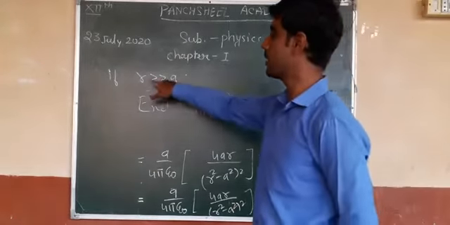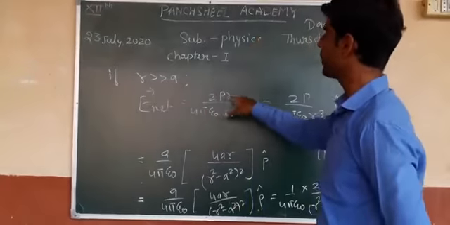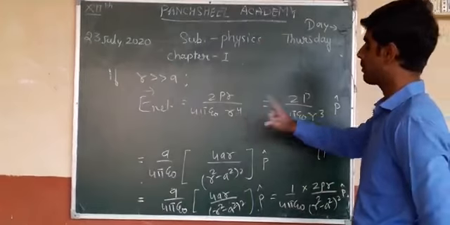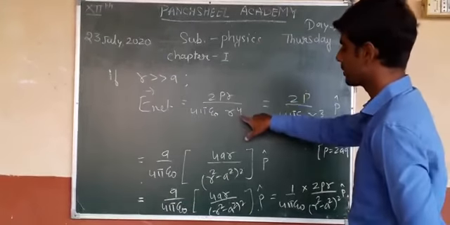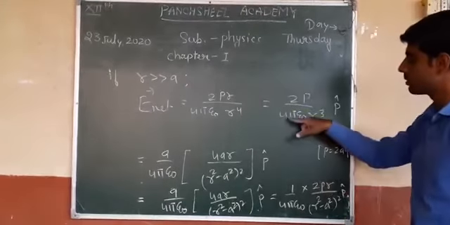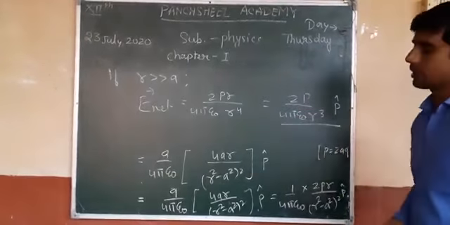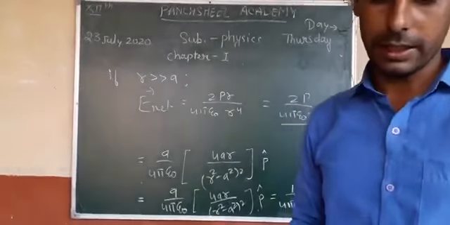If r is very much greater than a, then 2pr upon 4 pi epsilon naught, if you neglect this a square, gives r to the power 4, and 2pr cancels one r from this. So 2p upon 4 pi epsilon naught r cube. The direction of the electric dipole is what?